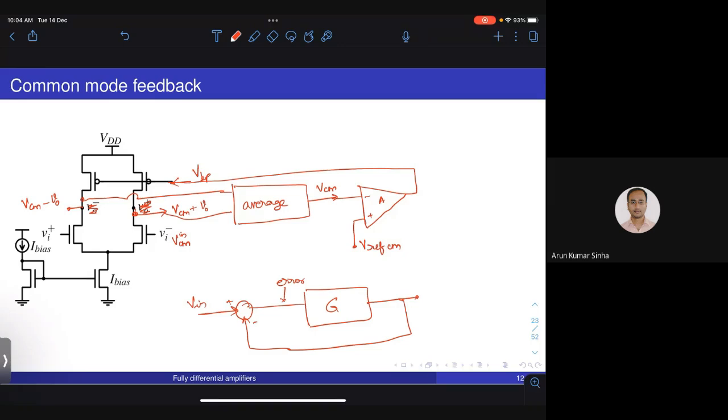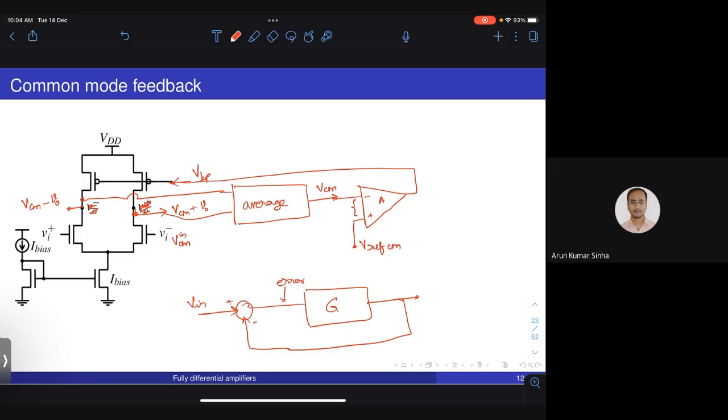That is exactly what we are doing here. We are sensing the difference between the detected output common mode and the reference common mode, amplifying it and driving this, with the hope that the negative feedback will drive the error between VCM and VCMREF to 0. Once that happens, basically your job is done.